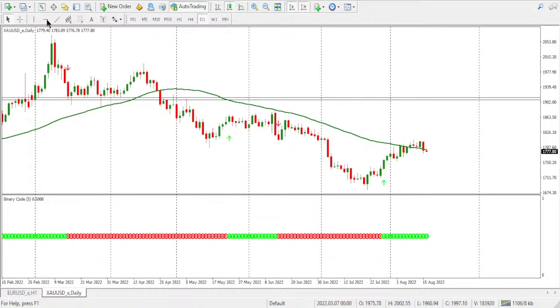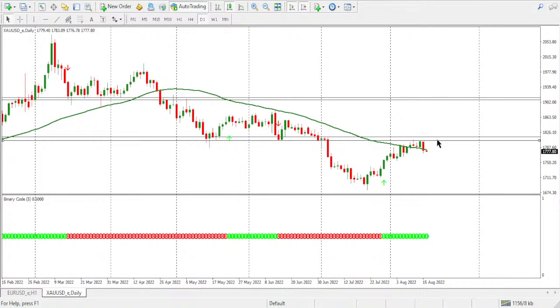Let me draw it. So we do have some line here, this level here. So unless the price clearly breaks and closes above this line, we have a support, there is a break, we have a resistance here. So unless the price clearly breaks above these two lines and continues upwards, this is going to be the best place to look for a sell from.